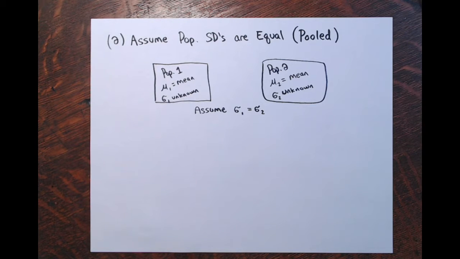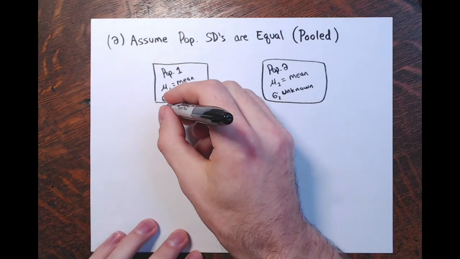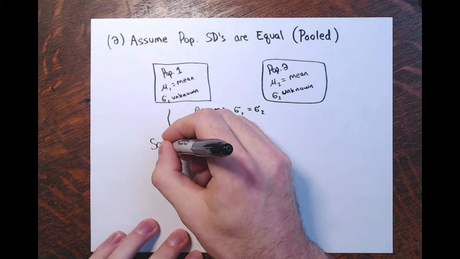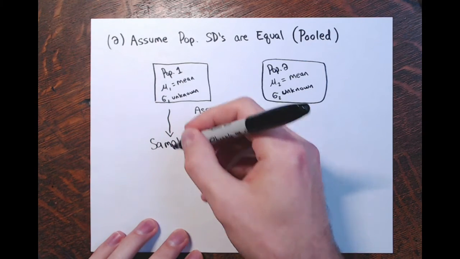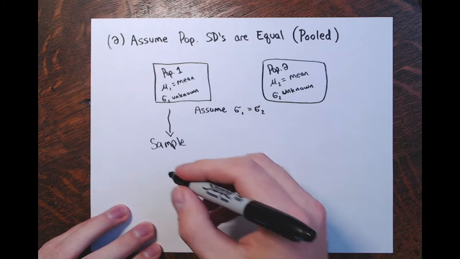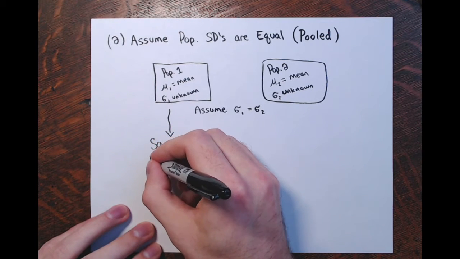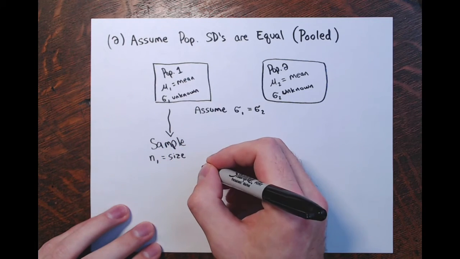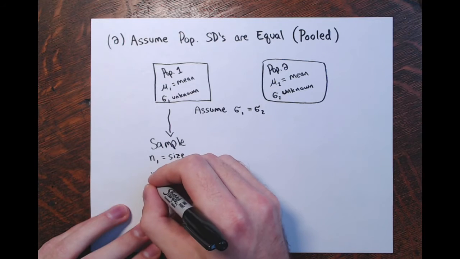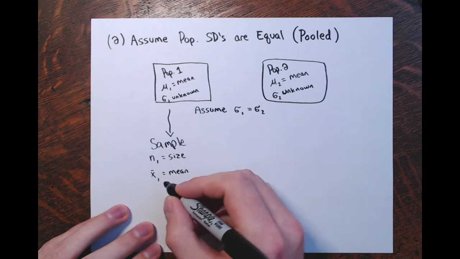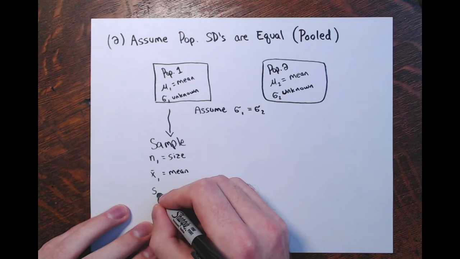Alright, well, just like the non-pooled scenario, we're going to be taking samples from these populations. So I'll take a sample of objects or people from population 1. It'll have a size of n1. That's the size of the sample. It has a mean of x1 bar and a standard deviation of s1.